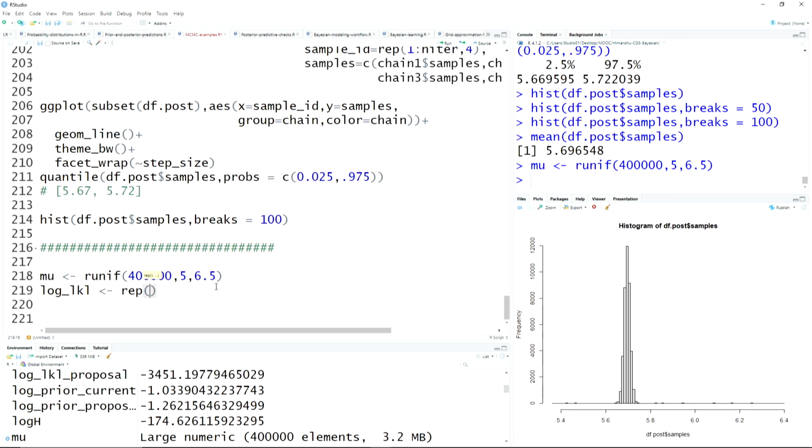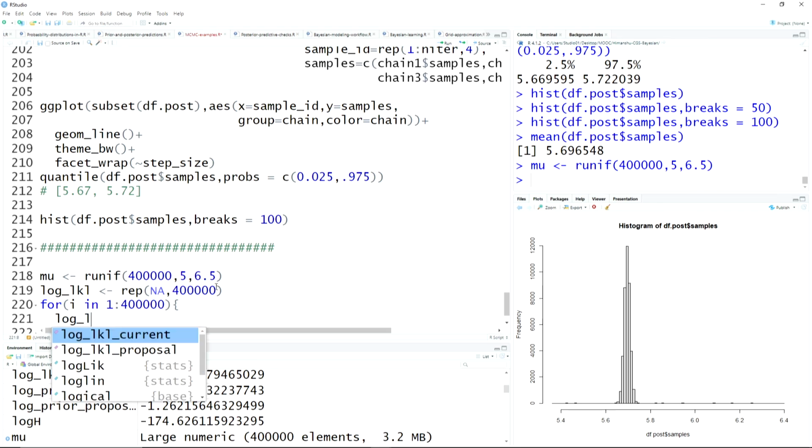Let me write it like this: repeat NA 4 lakh times. So I will calculate log likelihood for each sample. So I will run a loop for i in 1 to 4 lakh.